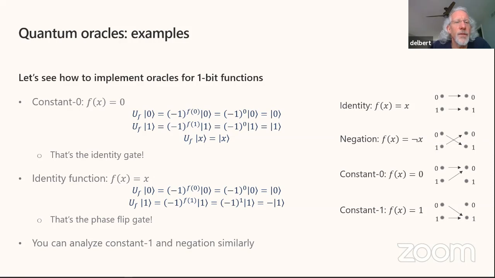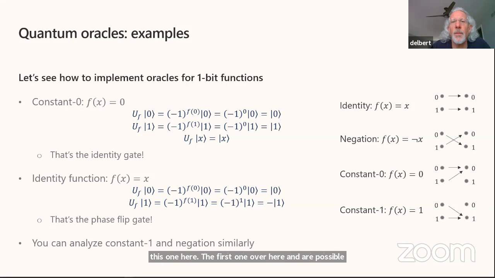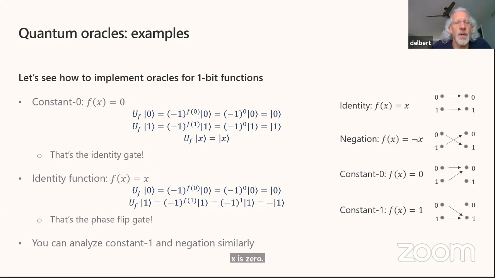Now, if we have the identity function, that's the first one over here in our possible black box list: 0 maps to 0, 1 maps to 1. So what happens then? We take x is 0, we take -1 to the f of 0, and that gives you -1 to the 0 power times ket 0, which is still ket 0.